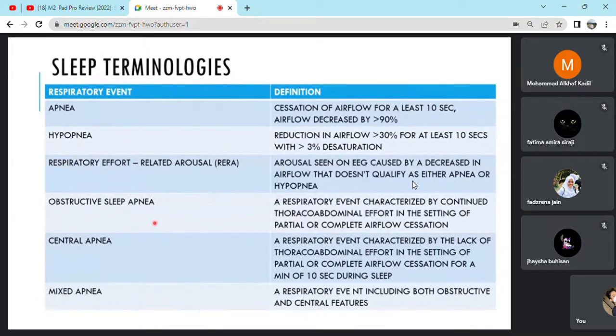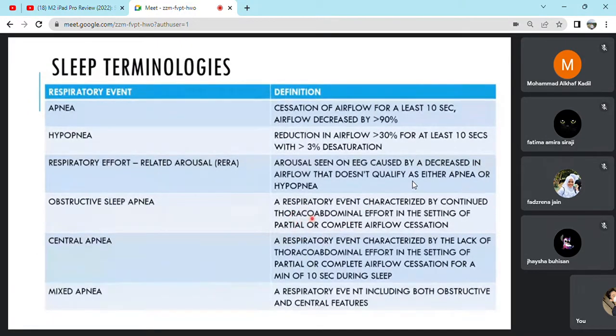Obstructive sleep apnea, on the other hand, is a respiratory event characterized by a continued thoracoabdominal effort in the setting of a partial or a complete airflow cessation. Ibig sabihin nun, when you talk about obstructive sleep apnea, you will see, that's why it's known as obstructive sleep apnea. No?